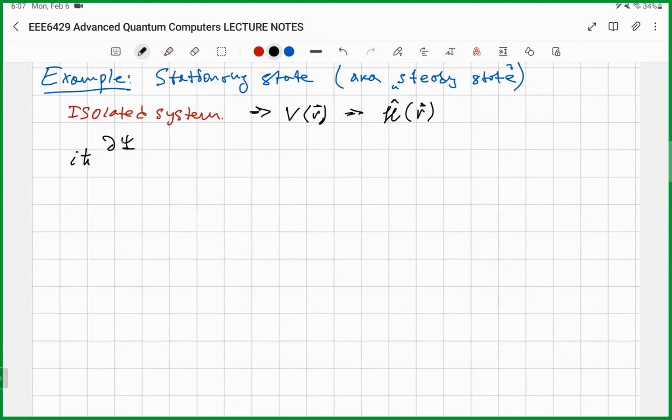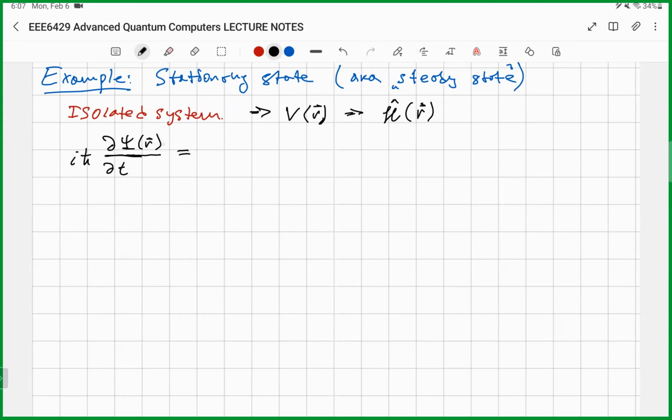So let's write psi just as psi, because I'm not going to form any inner or outer products. This psi, of course, is a function of coordinate, right? And now I take the time derivative of this function, the partial derivative.